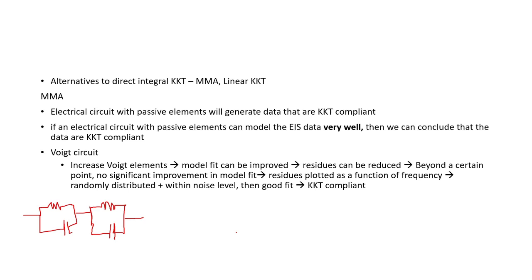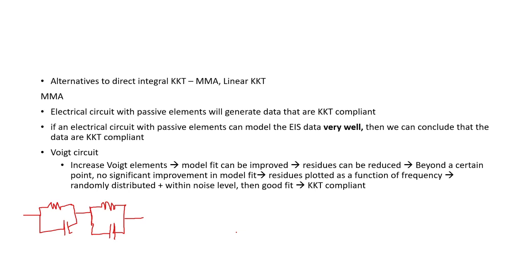Based on that, we'll calculate the residue value. The formula for residue is given in the sir's lecture. Beyond a point, when we add more Voigt elements, there is not much improvement in the fit. That is, after adding many Voigt elements, the model remains the same. There is no change in the fit.